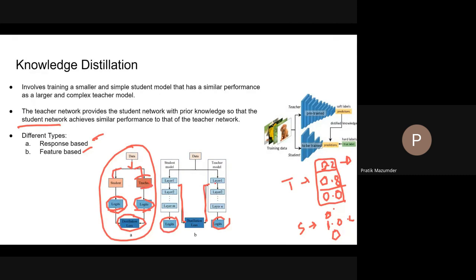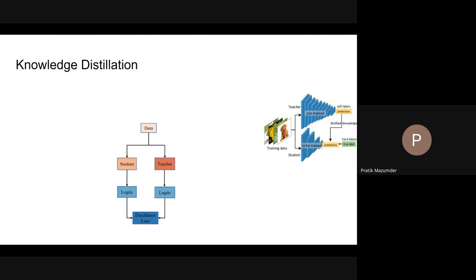So the intermediate outputs will not necessarily match between the student and teacher. But what you're trying to do is achieve, at each intermediate level, similar features from the student model to what the teacher was producing. So we'll see both of these techniques, and there can also be other versions which combine both of them.